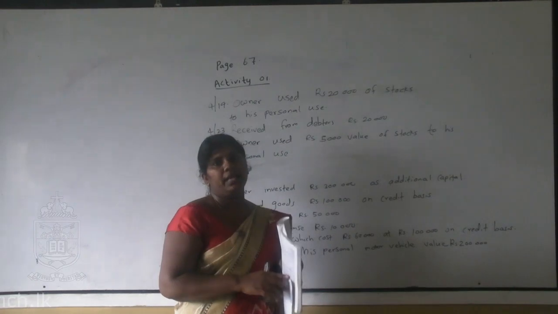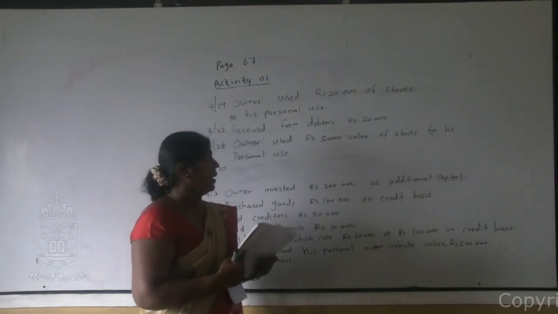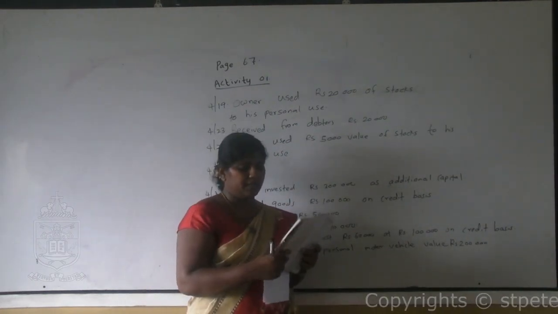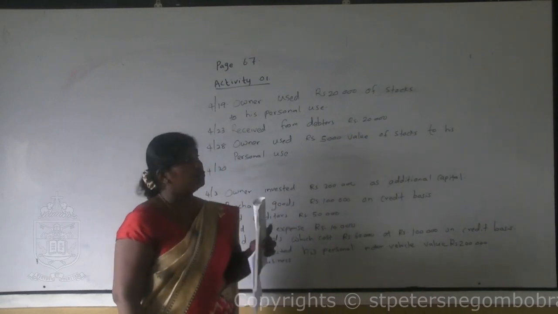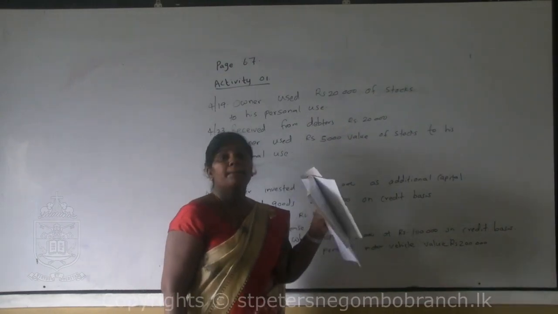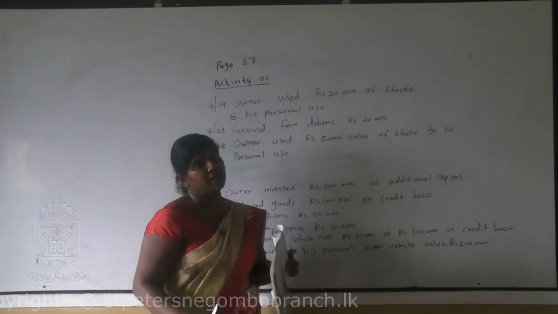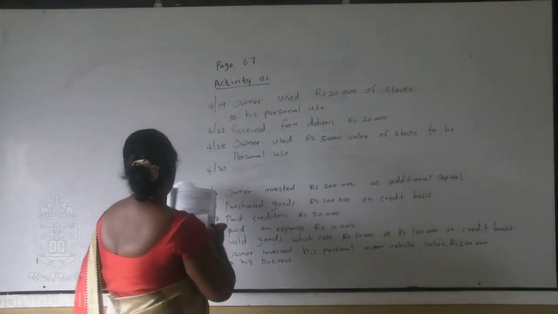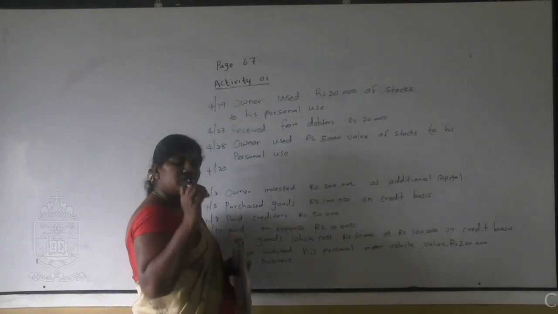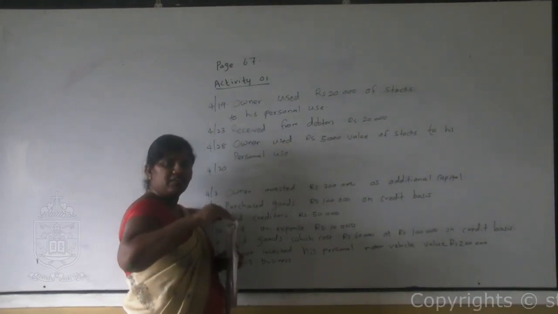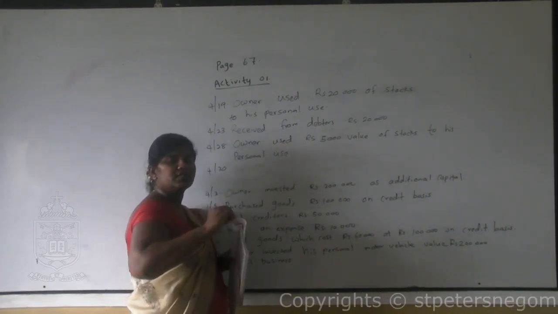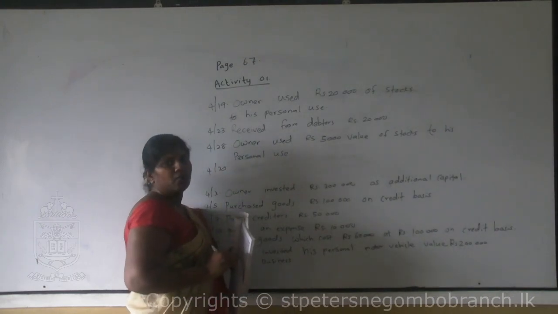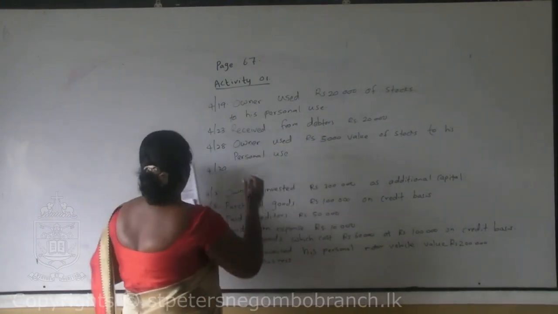But here equity increases, that means he paid 50,000 value to creditors by using his personal money. That's why equity increases and creditors decrease. So we should also consider it as, after investing additional capital, he used that additional capital to pay for creditors.